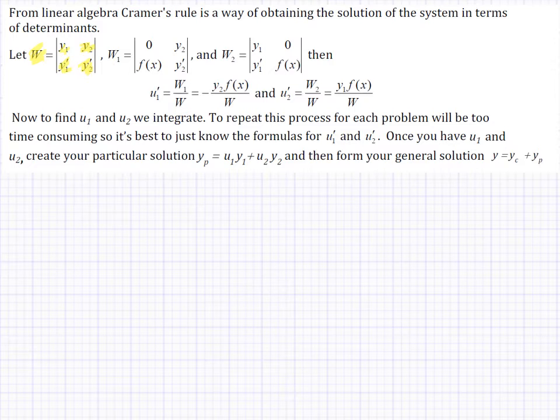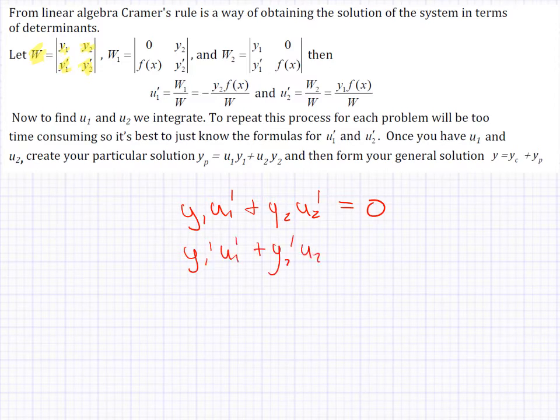The two equations were y1 u1 prime plus y2 u2 prime equals 0, and y1 prime u1 prime plus y2 prime u2 prime equals f of x. And so we look at this and we say, okay, well, we have this piece and this piece here.